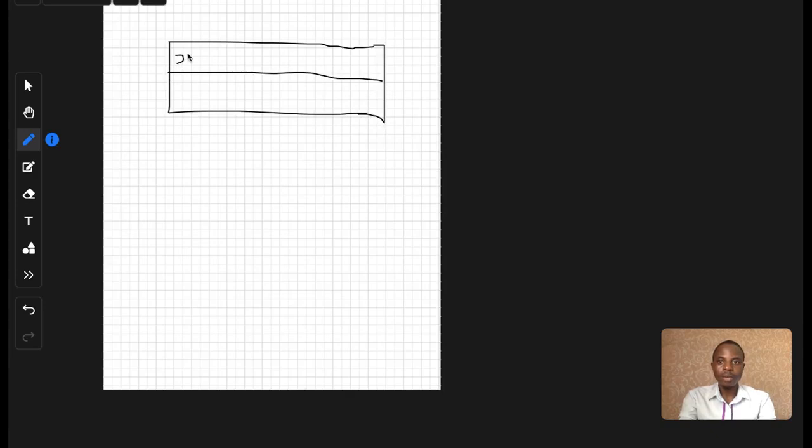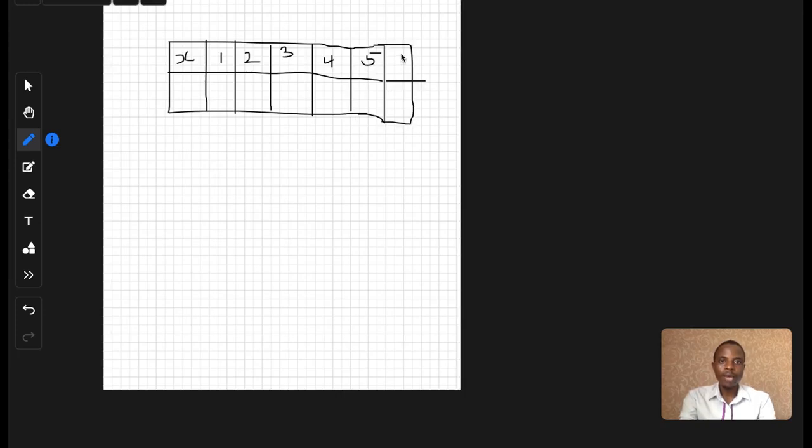So we have our x: 1, 2, 3, 4, 5, and finally 6. Now, if we have this, the probability P of xi for all of them is 1 over 6.